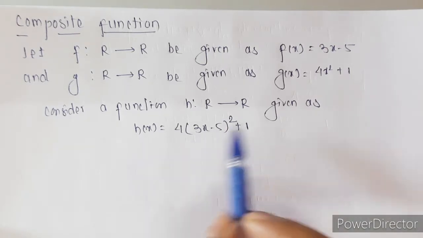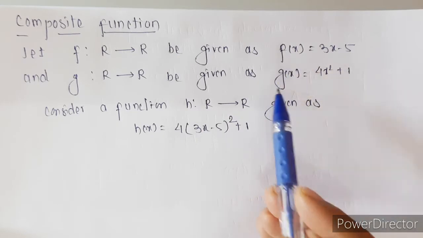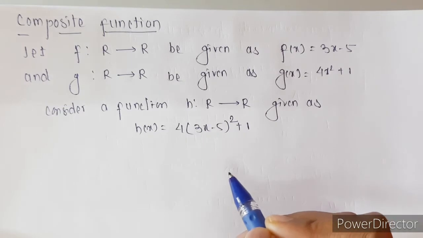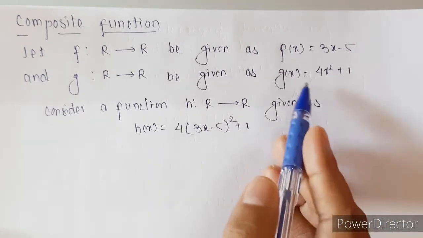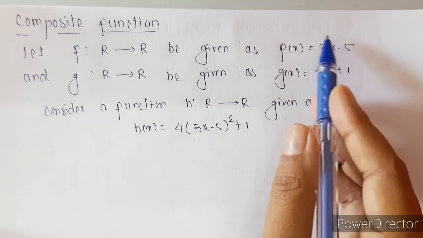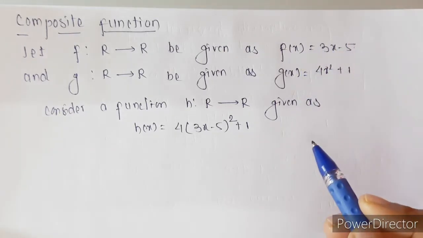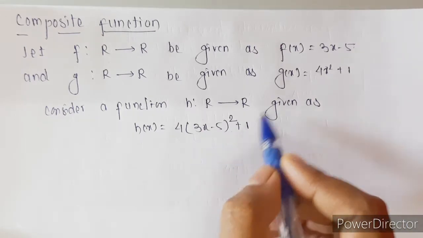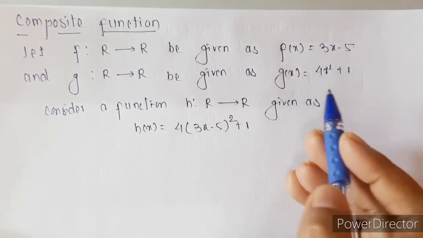Now if you look at these two functions, g and f, and look at this h. In g, what we have done is instead of x we have replaced it by f of x, right? Instead of x we have taken it as 3x minus 5, that is f of x.